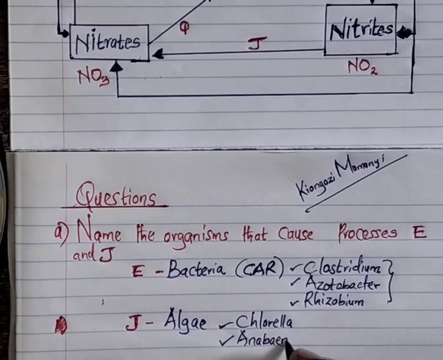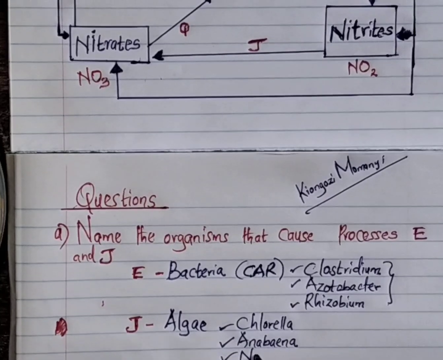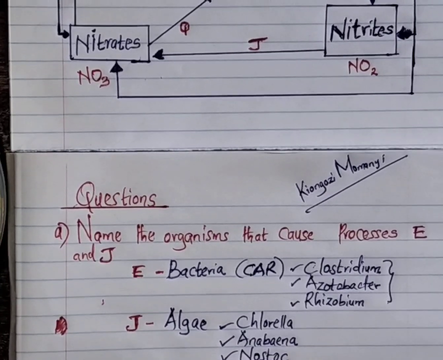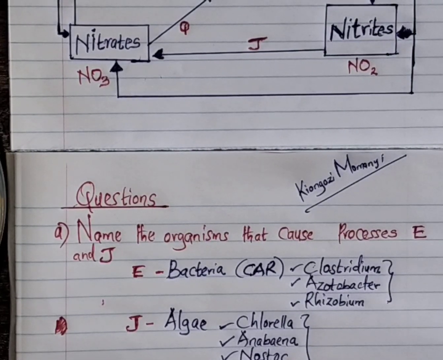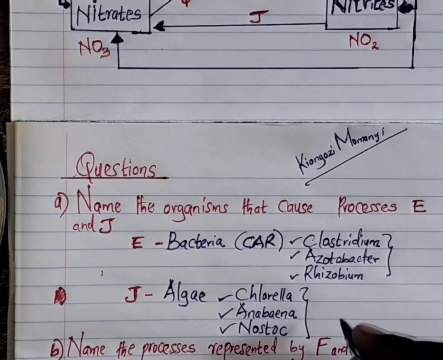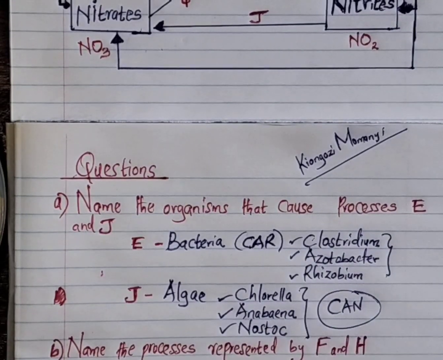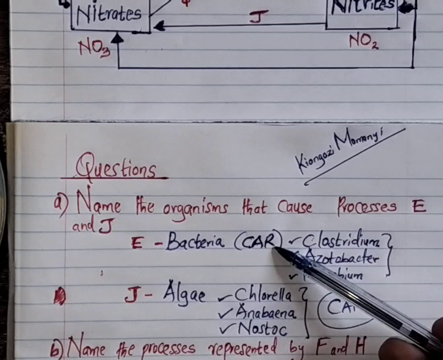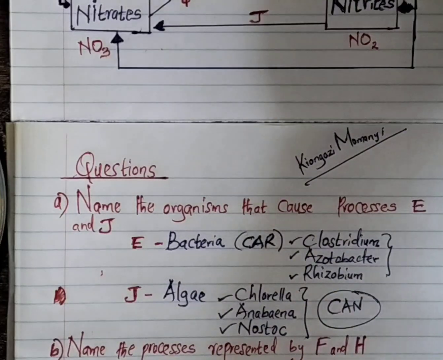And finally we have nostoc. So the easiest way you can also remember the algae that work in conversion of nitrogen in the atmosphere to nutrients or nitrates, we can say CAN. That is a formula to understand. Remember bacteria, we said CAR, that is Clostridium, Azotobacter, and Rhizobium.